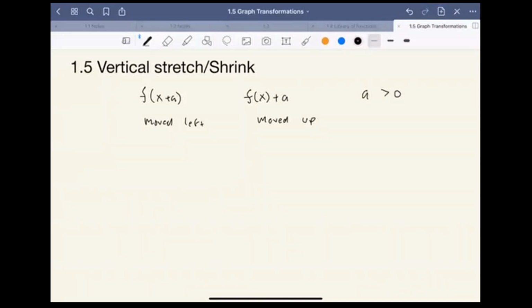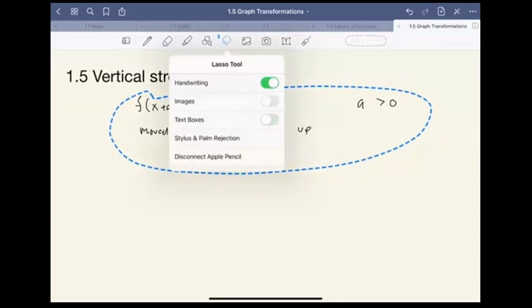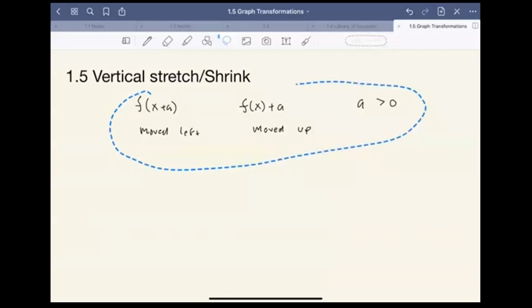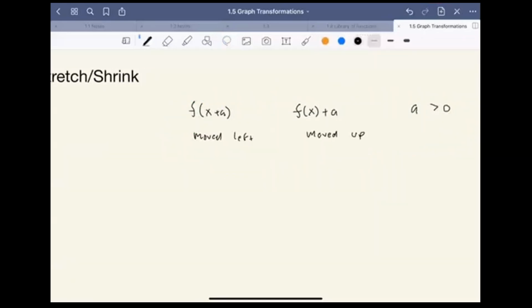So this, let me move this out of the way. This was the horizontal stretch and shrink, or horizontal shifts. So this one, I sort of think it may be a little counterintuitive.